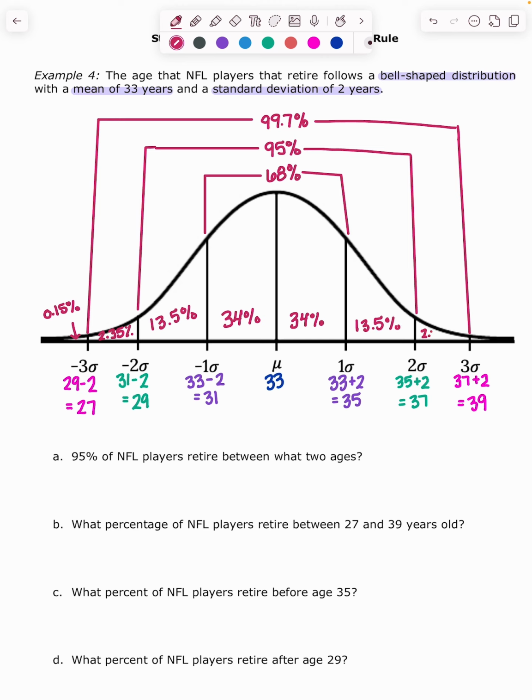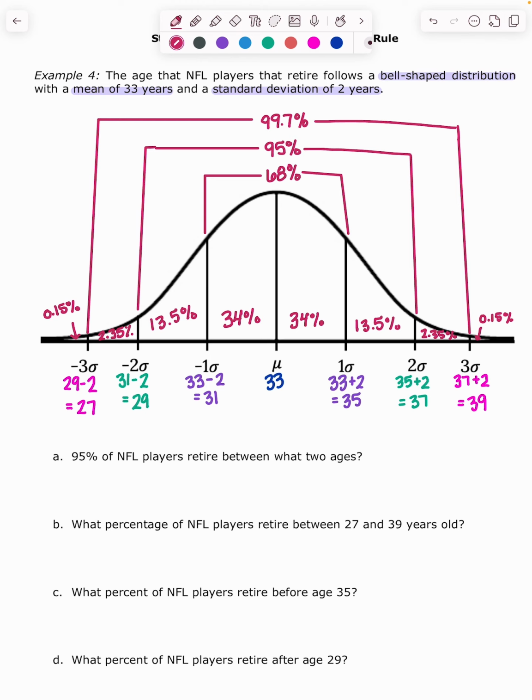And I do not expect you to have these memorized like I do already. So that is the completed empirical rule chart for this scenario. I have all of the ages at the bottom, and I have all of the percentages for the chart filled in.